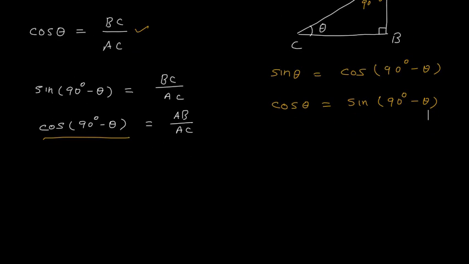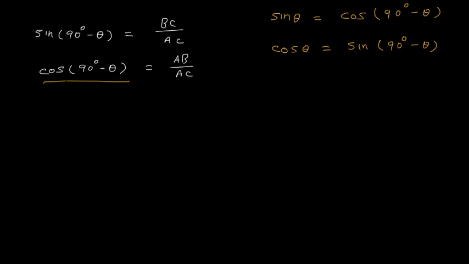In the same way, you can establish the trigonometric relation between tan, cot, sec, cosec, etc. So in the same way, we can say tan theta is equal to cot 90 degree minus theta. We can have cot theta is equal to tan 90 minus theta.